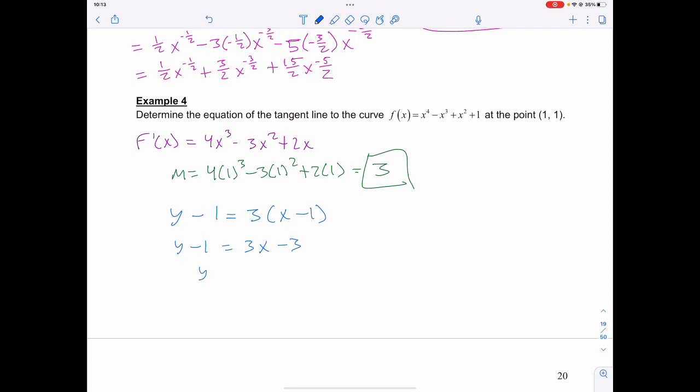So y is equal to 3x minus 2, or if I put it in general form, 3x minus y minus 2 is equal to 0.